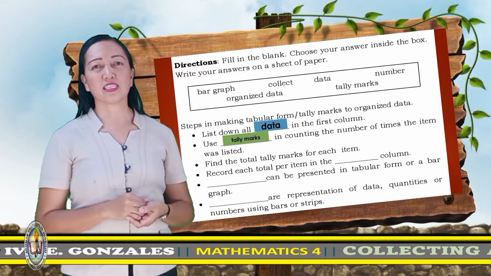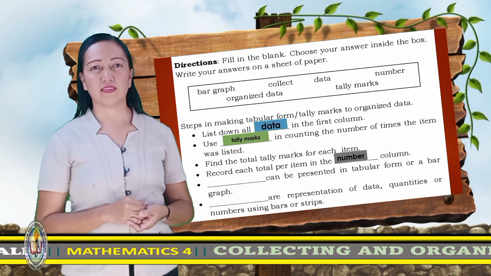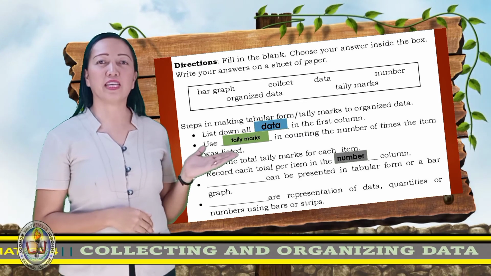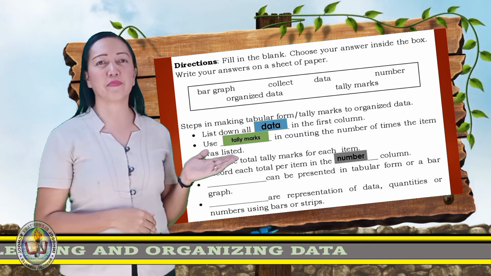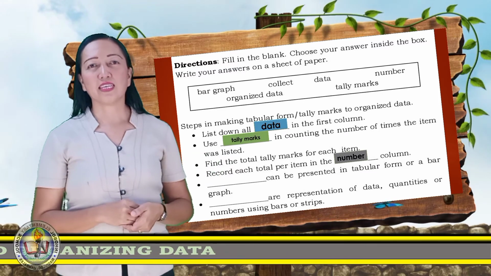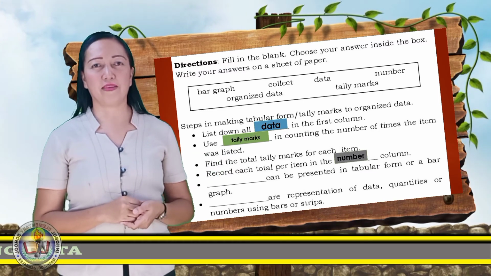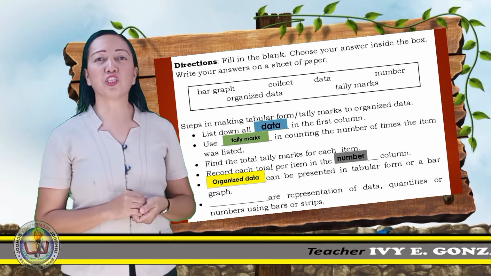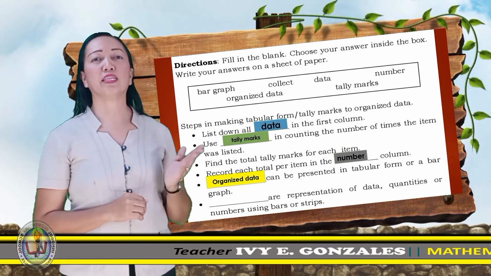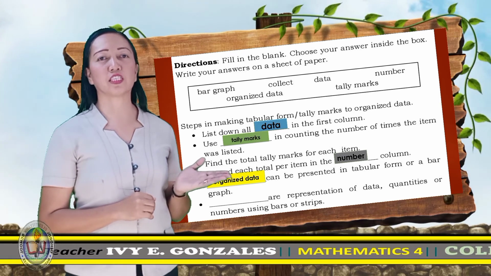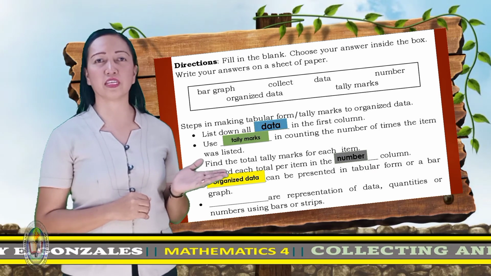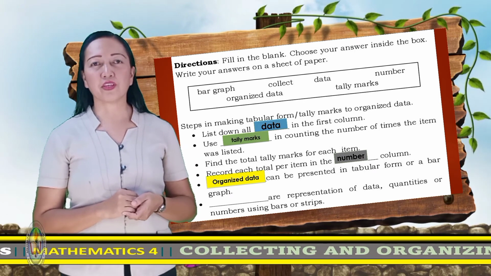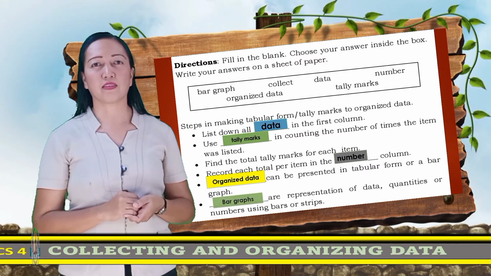The answer is number. Blank can be presented in tabular form or a bar graph. Yes, organize data. Blanks are representations of data, quantities, or numbers using the bars or strips. Very good, bar graphs.